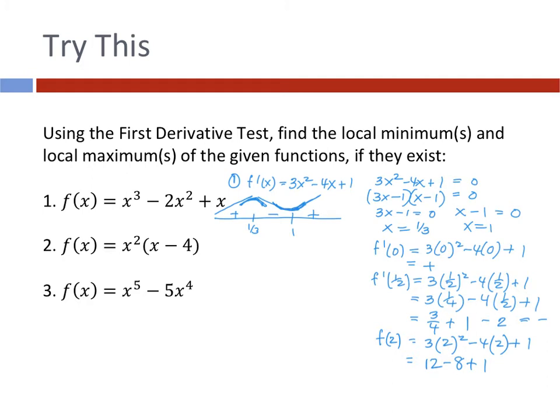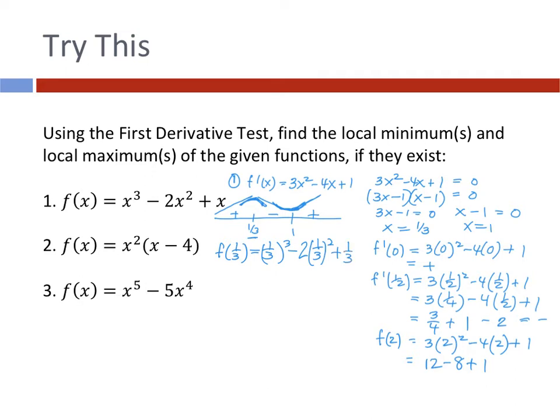So the way we give our answers for these, and the way I'm going to expect you to give your answers, is you're going to identify that the maximum occurs at x equals 1/3, but you're going to actually need the maximum value. So to find that, you're going to take f of 1/3, okay? And so you plug 1/3 into your original function, and you get 1/3 cubed minus 2 times 1/3 squared plus 1/3.